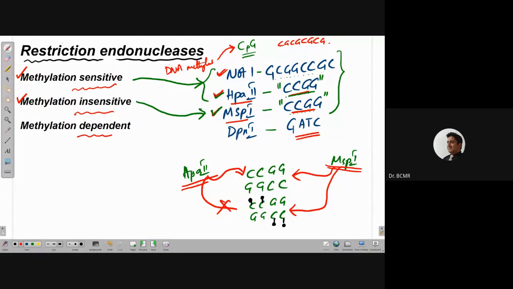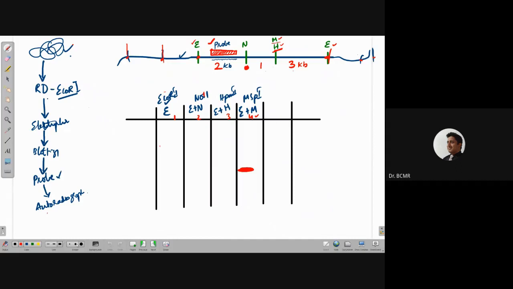enzymes. So from now on, please take a paper and try to answer as soon as possible. Here is a setup. Assume this is the genomic DNA. This is an EcoRI site, and here is an EcoRI site.